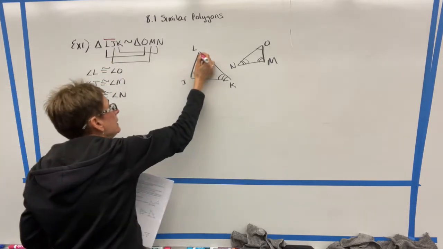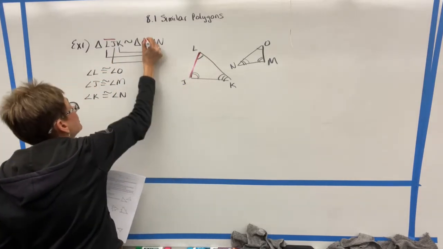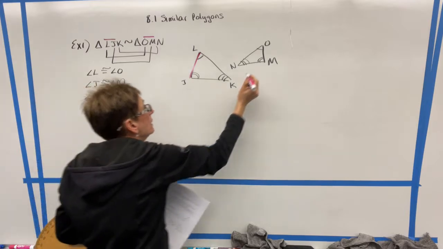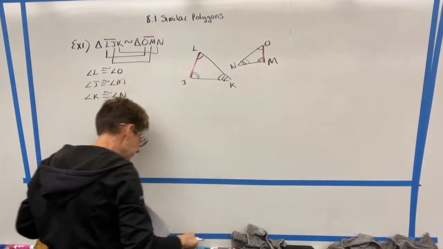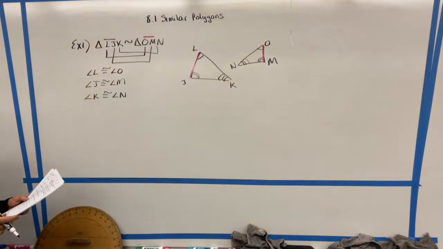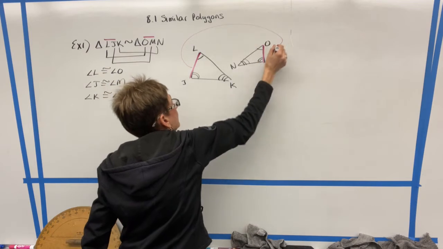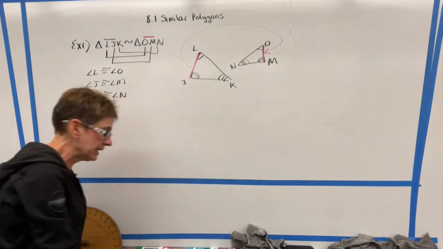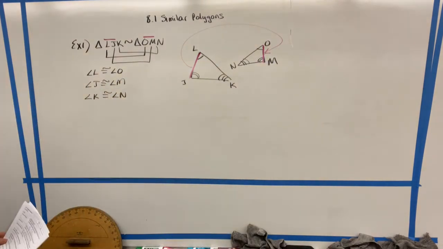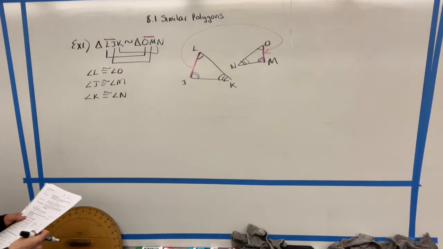LJ, this side here, corresponds to OM, this side here. So since those two sides correspond to each other, I know that when I take this side divided by this one, I have to get the same ratio as I will for the other pairs of corresponding sides.